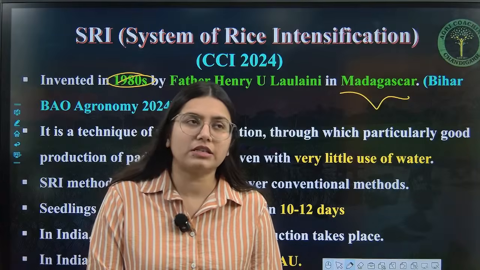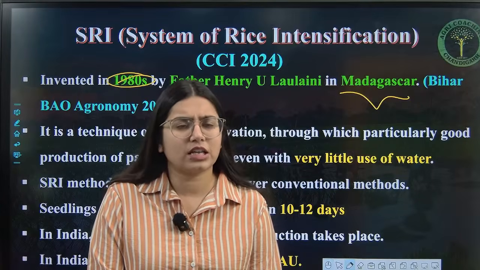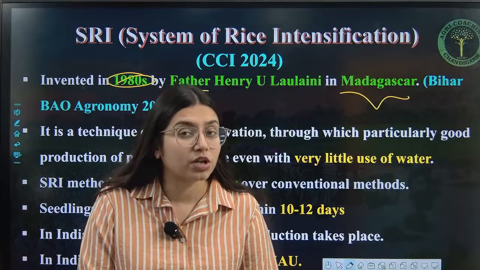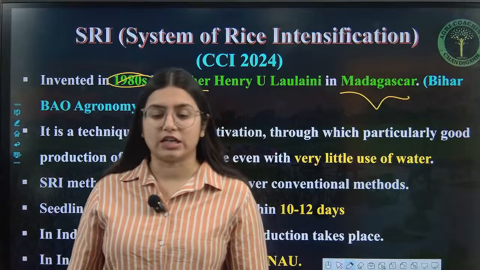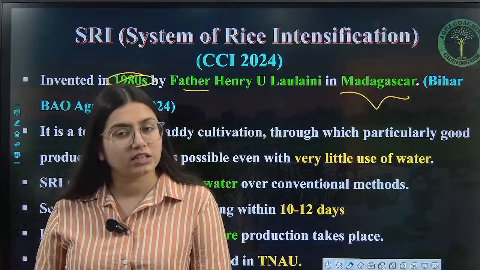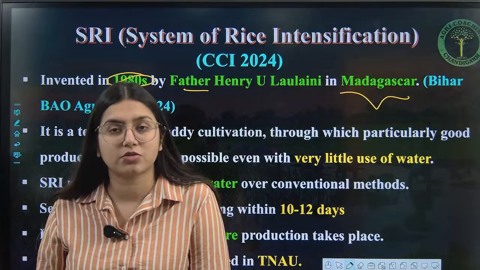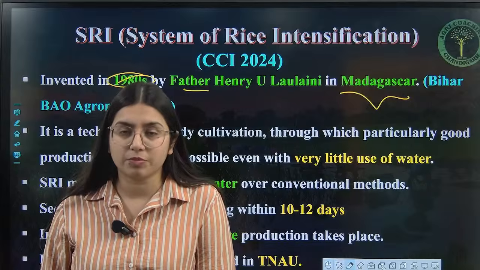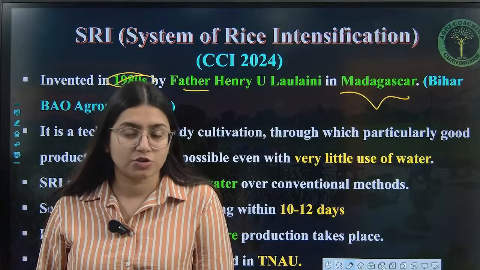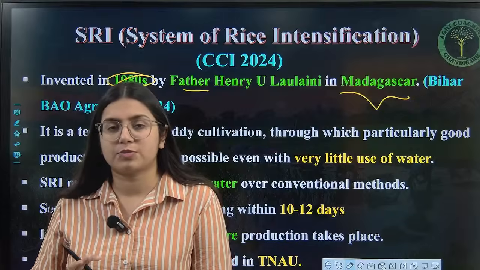But the SRI method says that by maintaining a smaller population with optimum geometry, we can definitely get good yield. And when we reduce the population of plants, we are reducing the usage of water too. So that's the core concept of SRI.